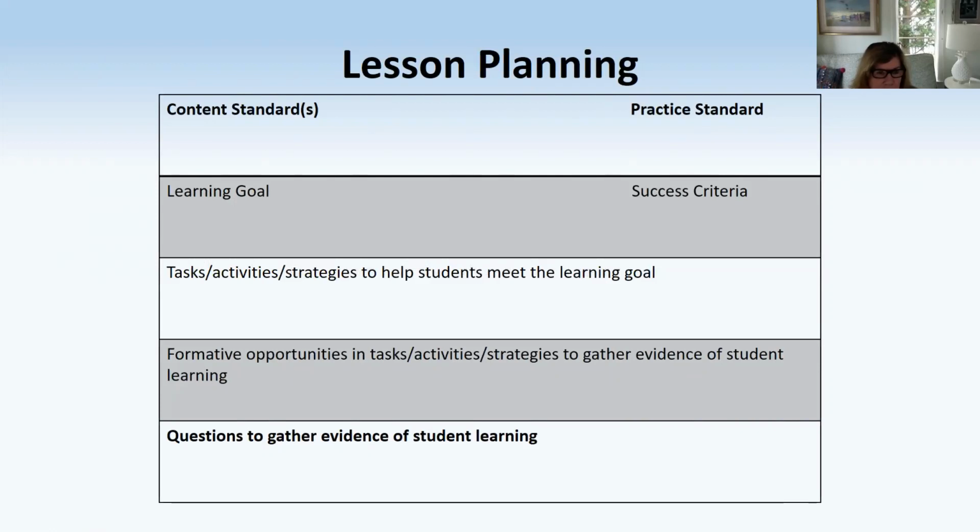So I'm appreciative of that. From the standards, we identified the learning goal, the success criteria, the ways in which students are going to be assisted to meet that goal through the various tasks, activities, and strategies you plan, and then what are the formative opportunities within those learning experiences as kids are engaged in their learning tasks or activities.